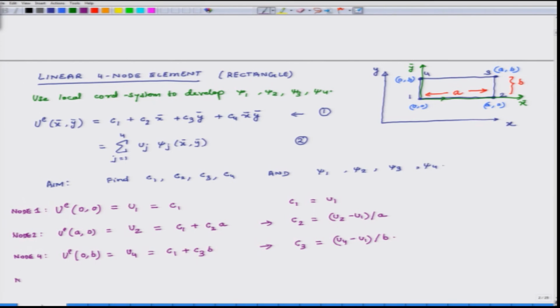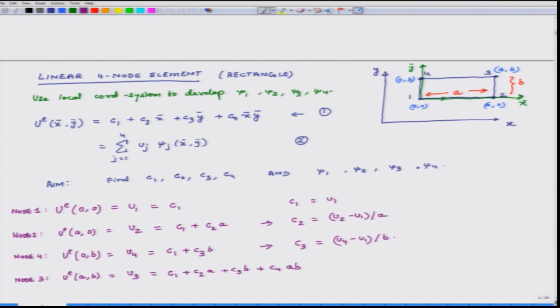And finally, I do for node 3. UE at A, B equals U3, and this equals C1 plus C2 A plus C3 B plus C4 AB, and I have already calculated values of C1, C2, C3.